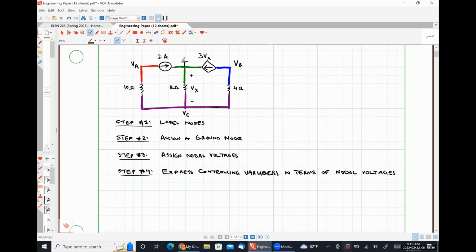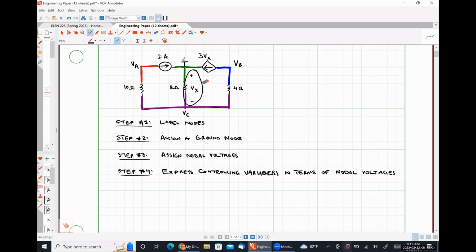Vx, okay. I'm calling Vx a controlling variable because Vx controls my dependent current source, okay. So a lot of students say, all right, well, this is where I do it. Absolutely not. You do not define your controlling variables for the source. You define it for what's controlling the source, okay.